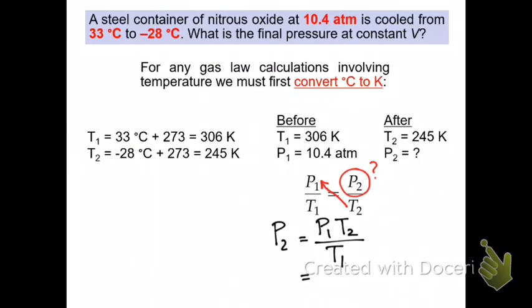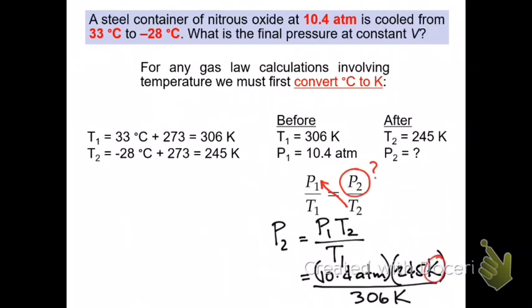We have an initial pressure of 10.4 atmosphere. And you want to multiply this by the final temperature, which is 245 kelvins, divided by the initial temperature of 306 kelvins.